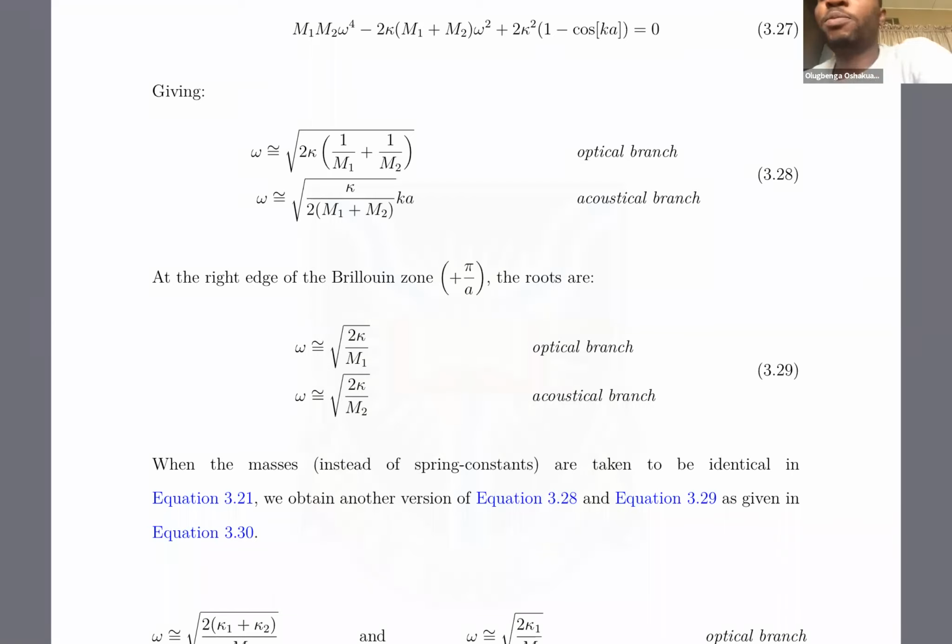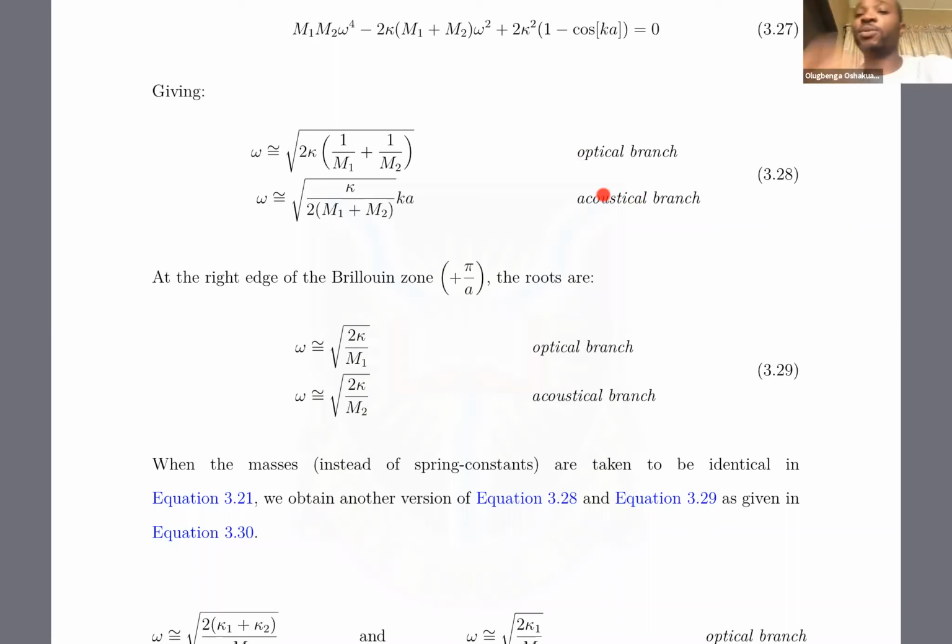In a diatomic chain, we have two different branches, two different types of vibrations. One is referred to as the optical, while the other is referred to as the acoustical. And one of the major things we would notice about the difference between the two is that the frequency of the optical is larger than that of the acoustical.